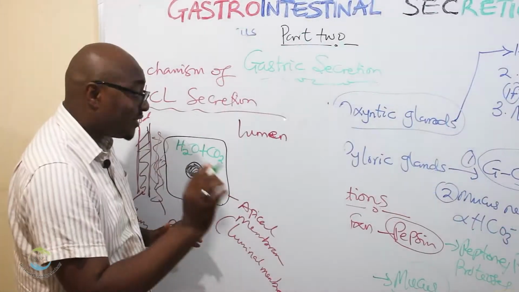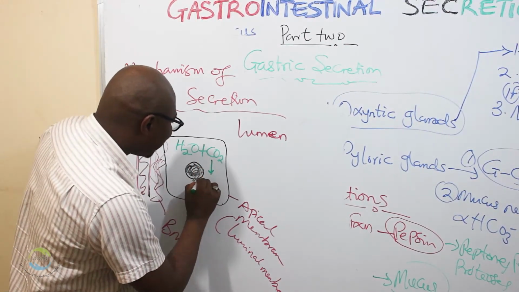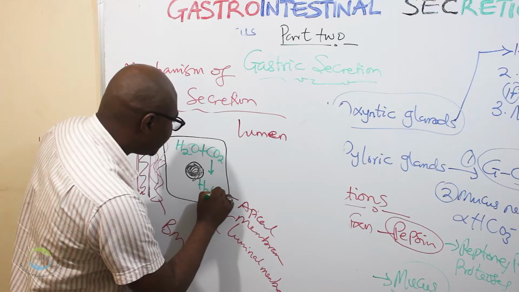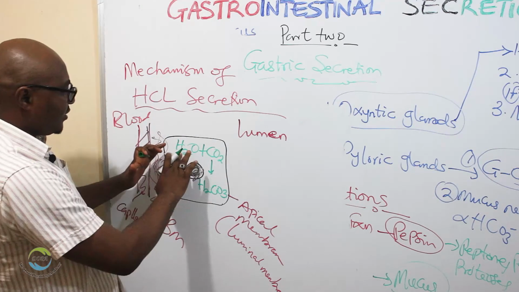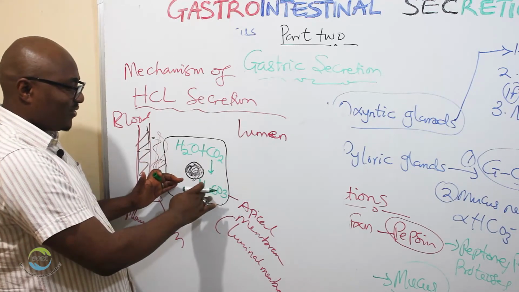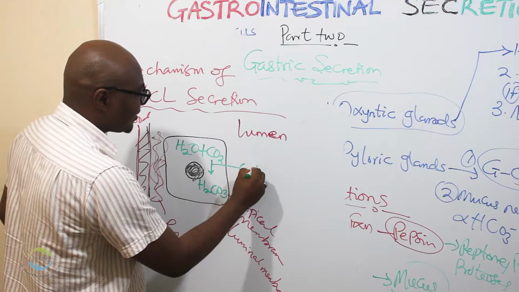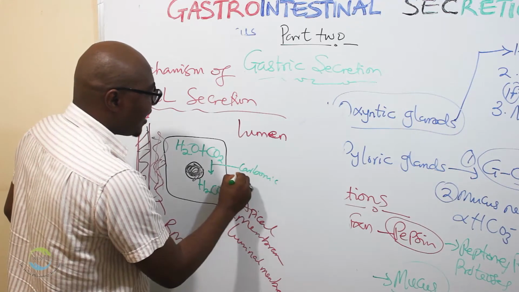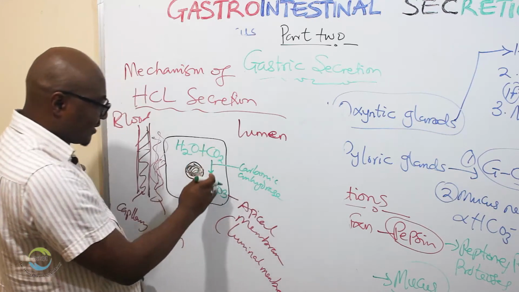And what is that thing? It's carbonic acid, H2CO3. Okay? That's what they combine to give. And this is catalyzed by carbonic anhydrase, the enzyme that catalyzes this.